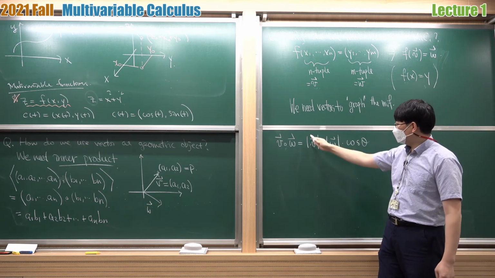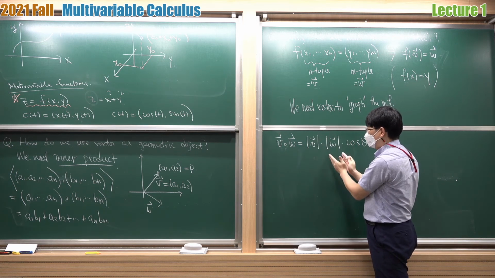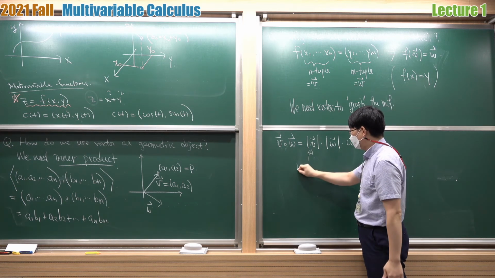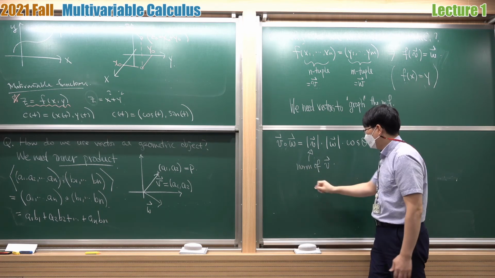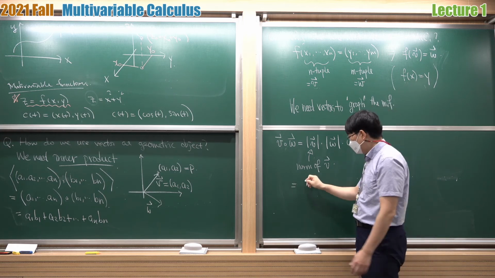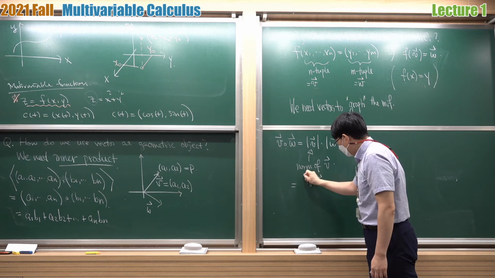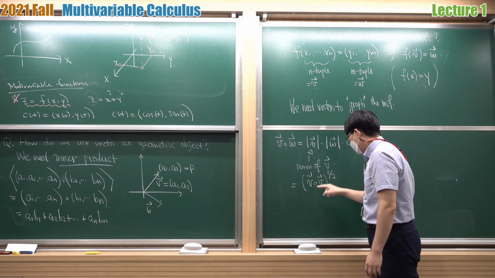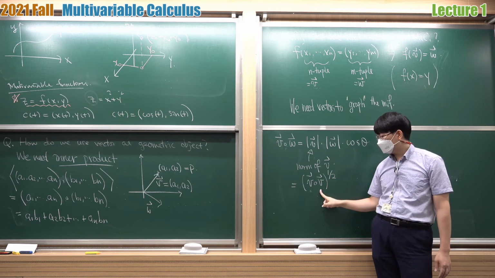We have a vector in between these bars. Two vectors are in between these bars. This means the norm of V. The norm means the square root of the inner product of V with itself.